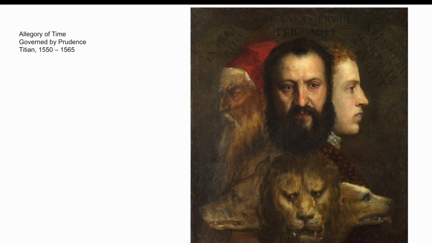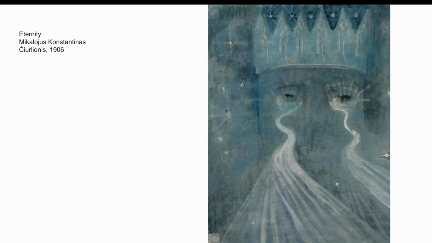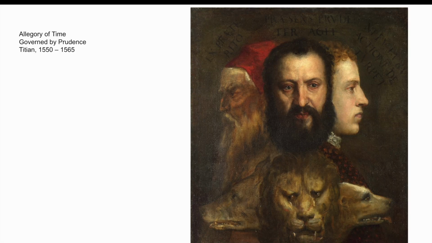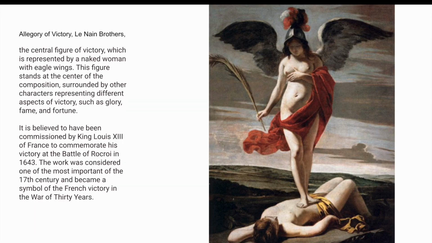Here we have Allegory of Time Governed by Prudence by Titian. This one is an interesting one. This is eternity. So this is an allegorical figure of eternity. And this is a little bit more creative and free, in terms of the artist not trying to stick to your traditional portrait or your traditional imagery for an allegorical figure.